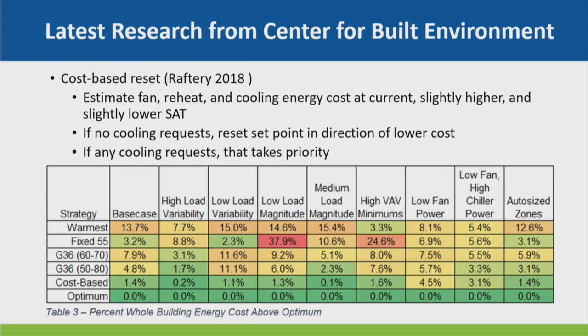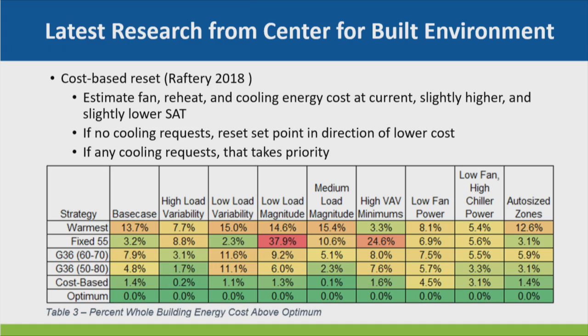Okay, more research. We did another research project at the Berkeley campus to experiment with a better type of reset. Raftery was the PI from Berkeley. The way it works is we try to actually calculate the energy of the building and optimize it.